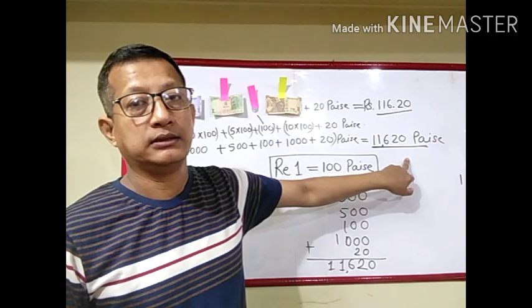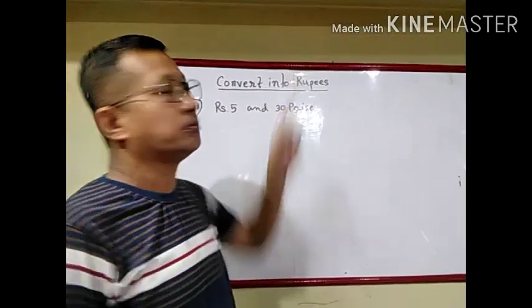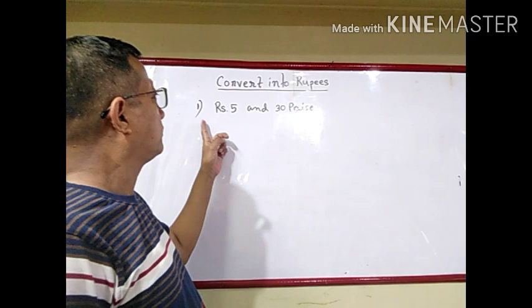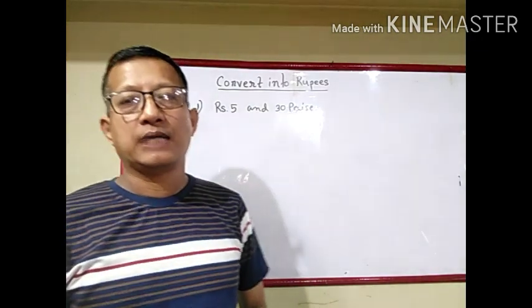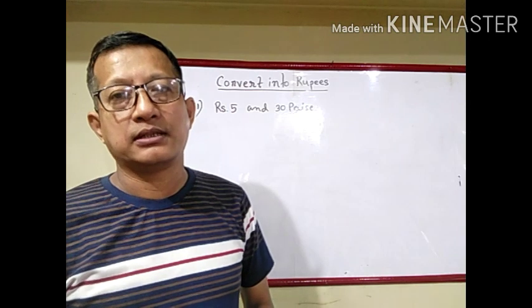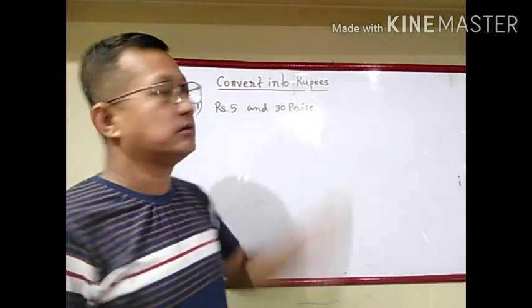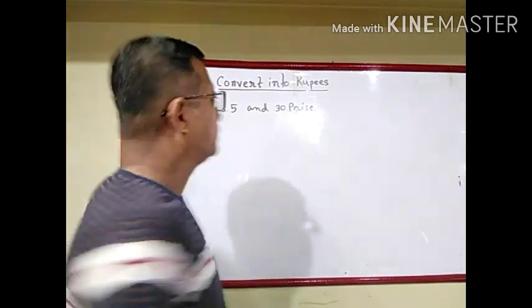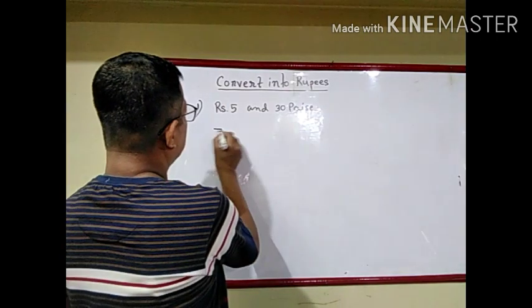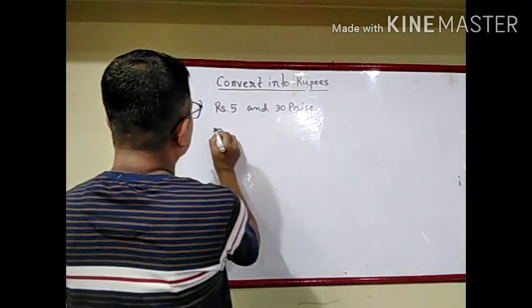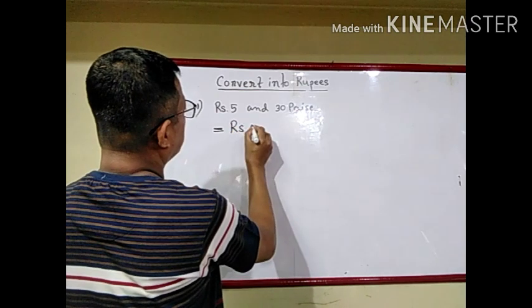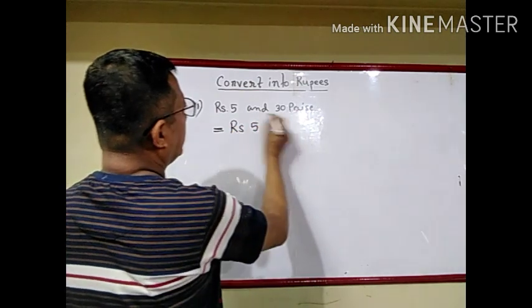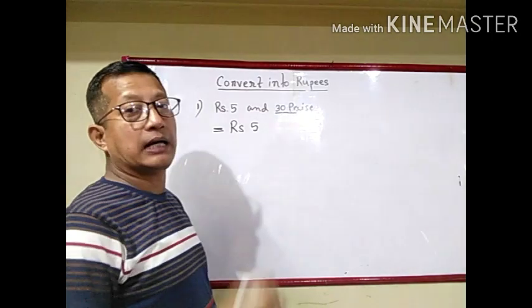Clear? Okay. Convert into rupees. Here the first one is 5 rupees and 30 pies. Now you convert this into rupees. How can you convert? Here 5 rupees, you write 5, and the pies you write after the decimal point.